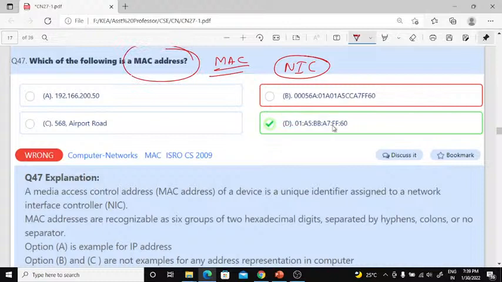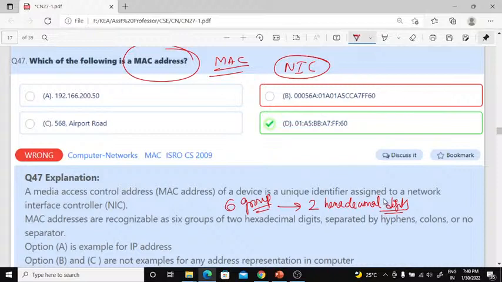MAC addresses are recognized as six groups of two hexadecimal digits. Two hexadecimal digits means it is 8-bit.